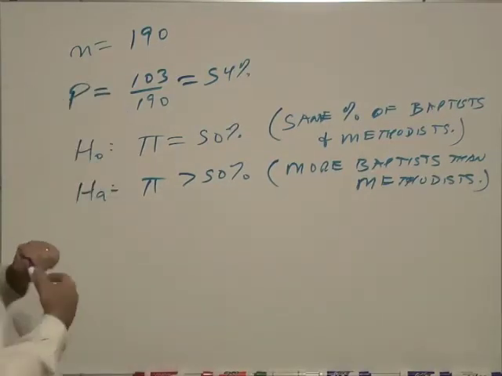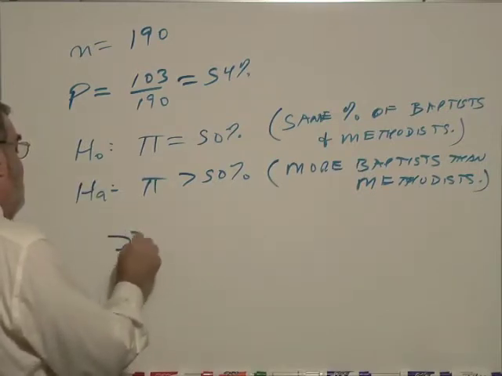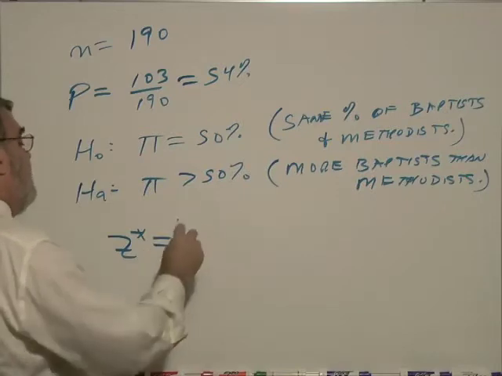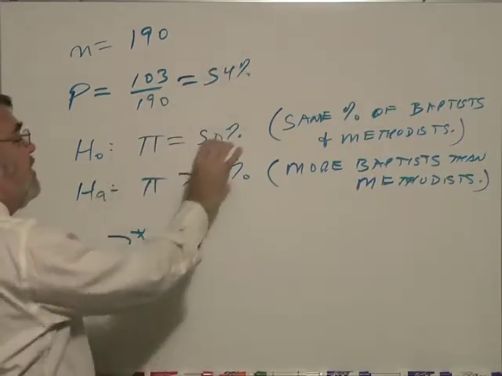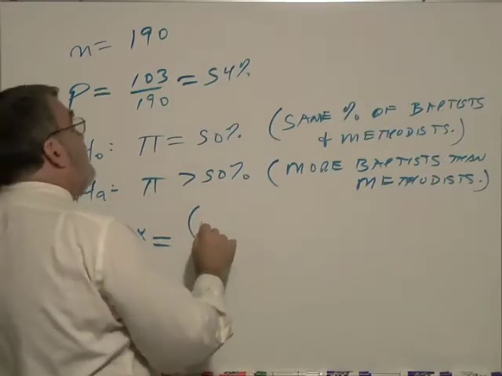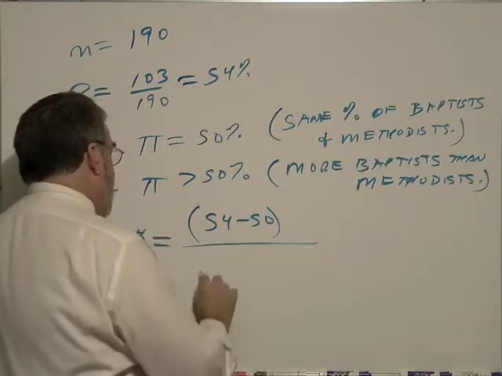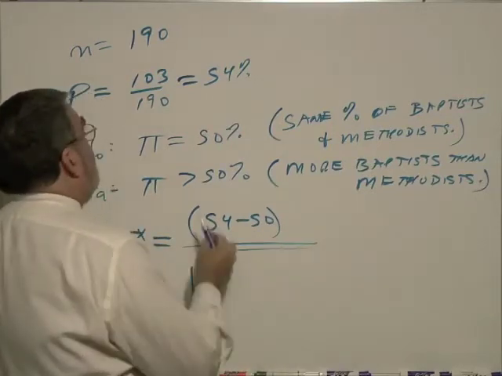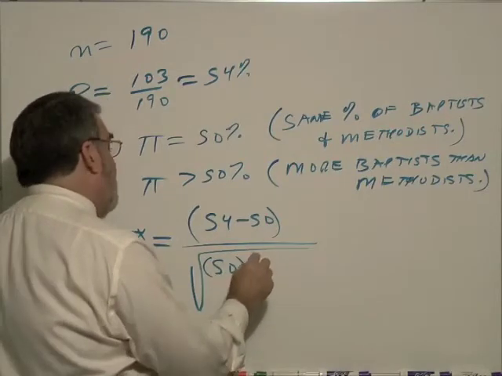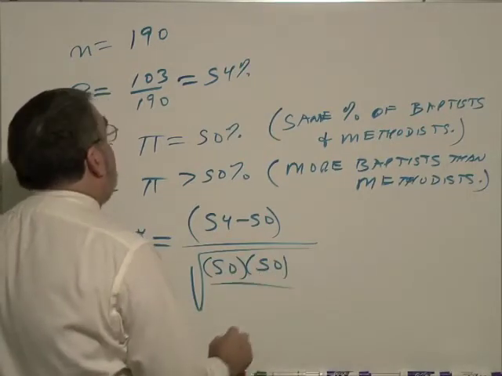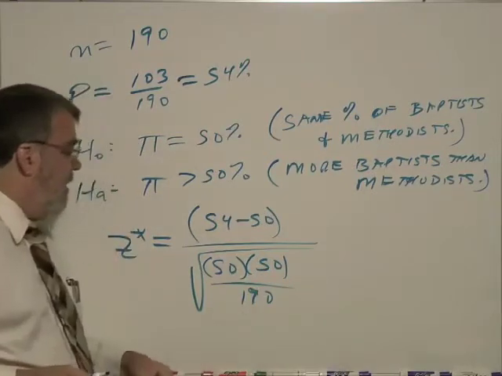Okie dokie. Well, got to calculate the z-score. And z star is the difference between the population percentage and the null hypothesis percentage. So it would be 54 minus 50 divided by the square root of pi times 100 minus pi divided by sample size, 190.